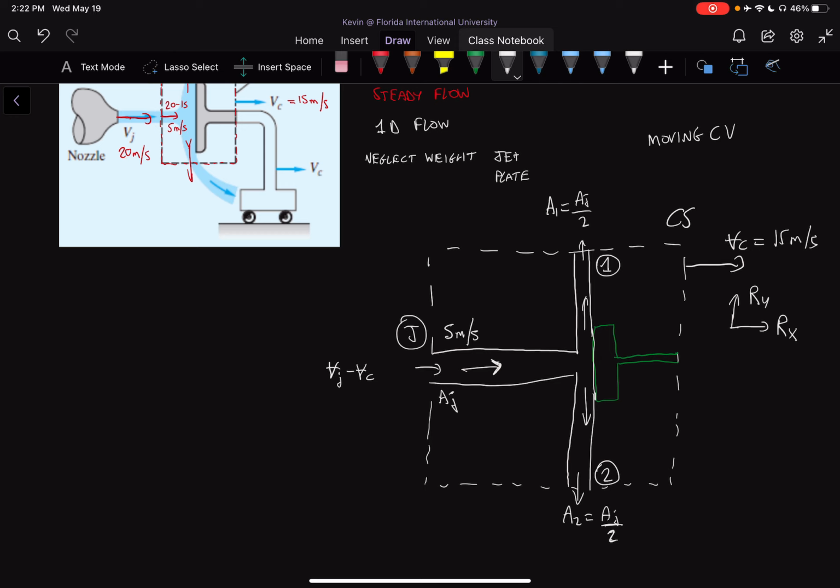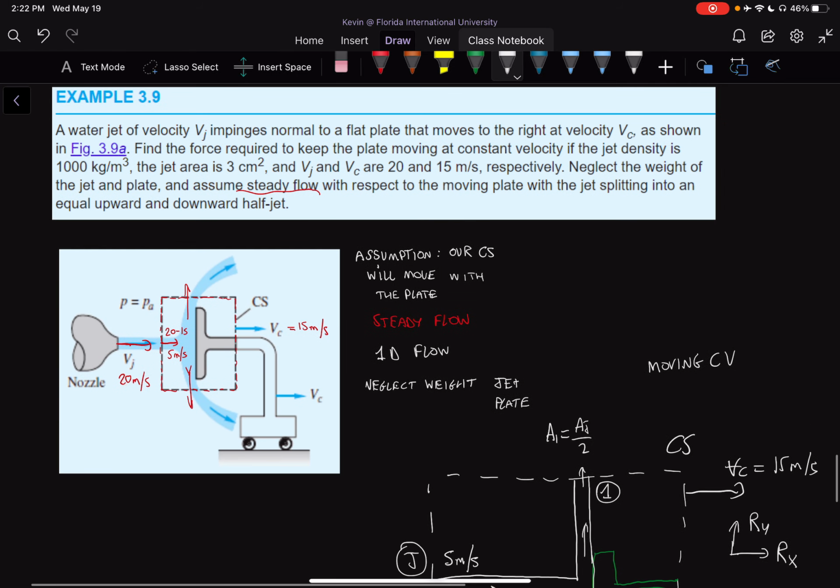And now, what we're going to be able to do is to come up with an expression for our momentum. So let's look at our system. What is being asked? It's being asked to find the force required to keep the plate moving at a constant velocity. So the idea is to figure out how we can keep the plate moving at this constant velocity without creating a problem.